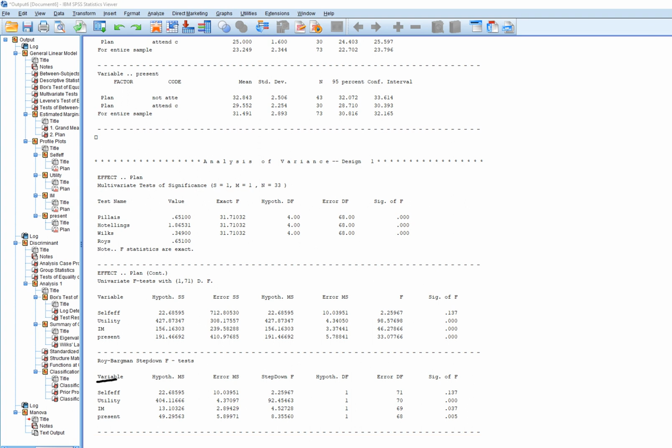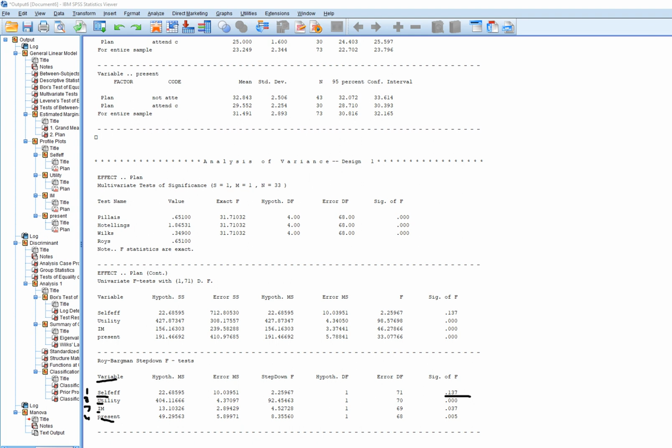Then, the step-down analyses are presented below, and so now you can see it says variable, and these are the dependent variables that are added in each step. So step 1 was self-efficacy, step 2 was utility, step 3 intrinsic motivation, step 4 was present orientation. The test of differences between the two groups on self-efficacy was not statistically significant at the 0.05 level.